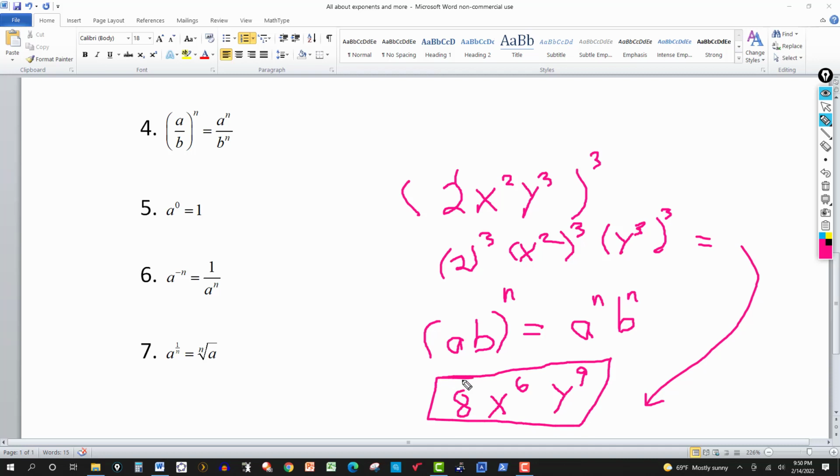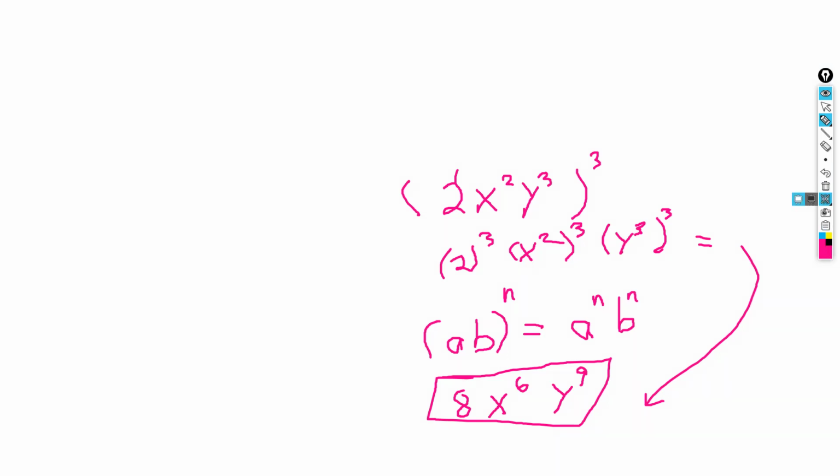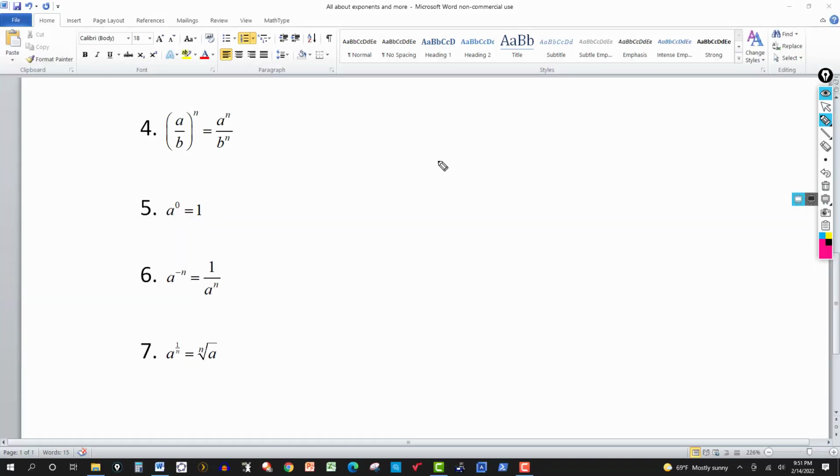Now there's negative exponents in there. It still applies. Now sometimes they're going to ask you to do something like this. They'll give you something like this.